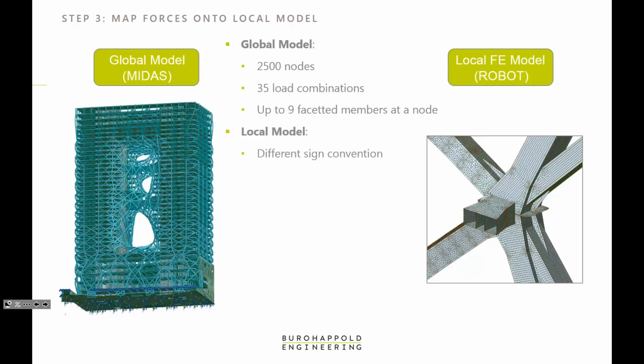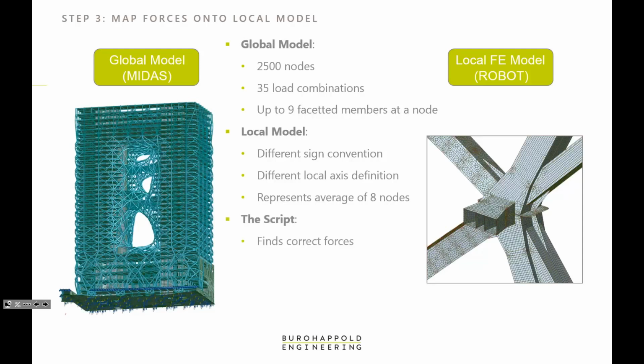Because we used Midas for our global model and Robot for our local model, there's a different sign convention in terms of tension is positive in one and compression in another. So we needed to flip them. The local axis definitions are literally different. This is just different software working in slightly different sign conventions.